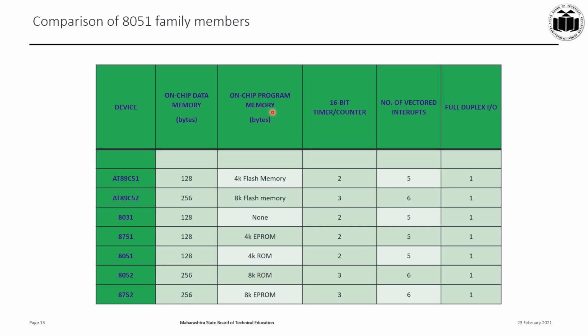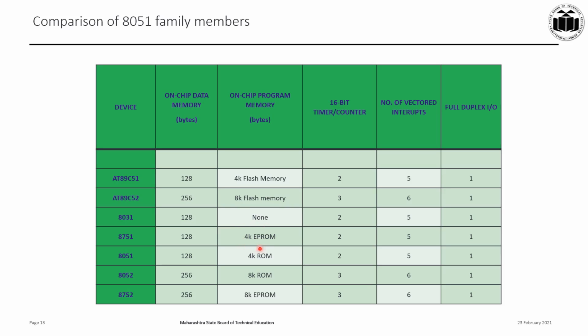Let's see the on-chip program memory. In the case of the 89C51, it is 4K flash memory, whereas the 89C52 is again double, 8K flash memory. The 8031 is ROM-less. You have to connect extra additional ROM memory in the case of the 8031 because it does not have ROM memory.